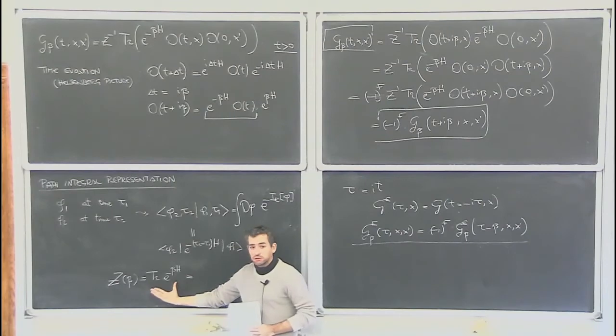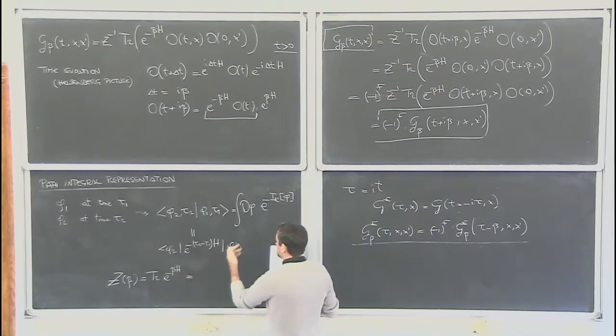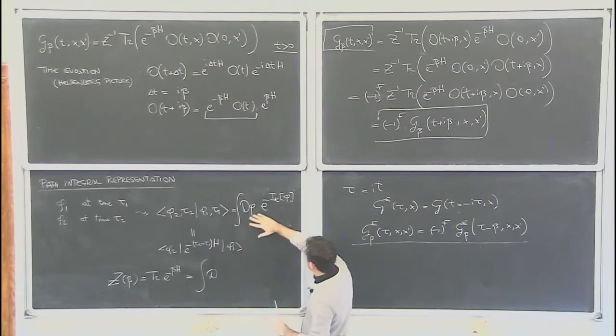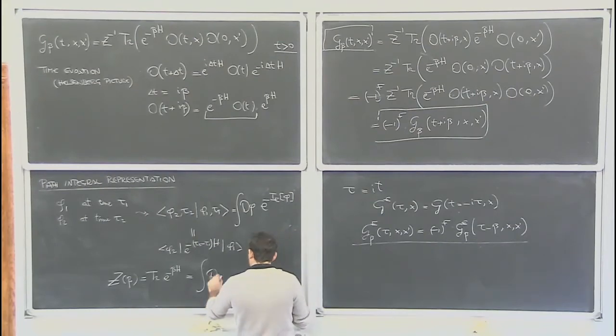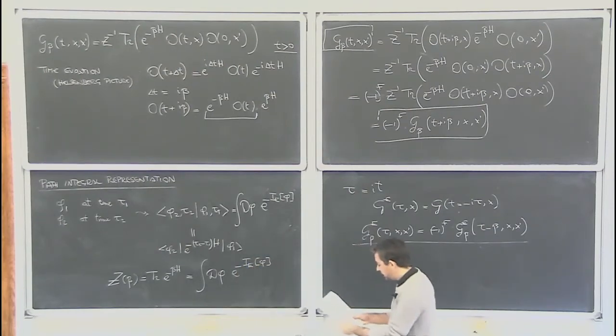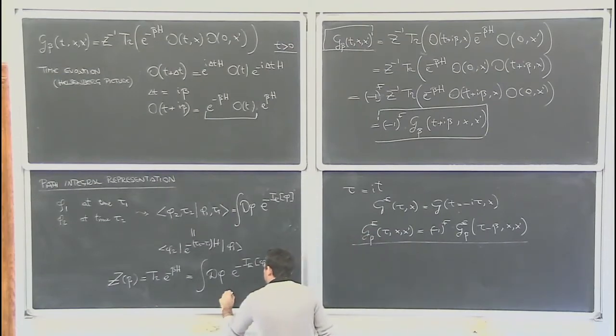This is the meaning of the trace, and from the point of view of the path integral, it's d phi e to the minus Euclidean action, with these boundary conditions, so that phi 1 is phi 2.